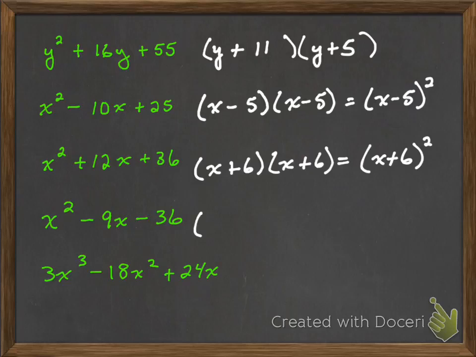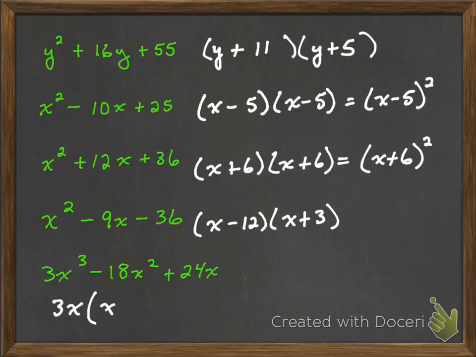The next one is going to be x minus 12 multiplied by x plus 3. Now the last problem here, we have a GCF. On the previous 4 problems, we did not have one. This one we do. So we can factor out a 3x out of all of these terms.